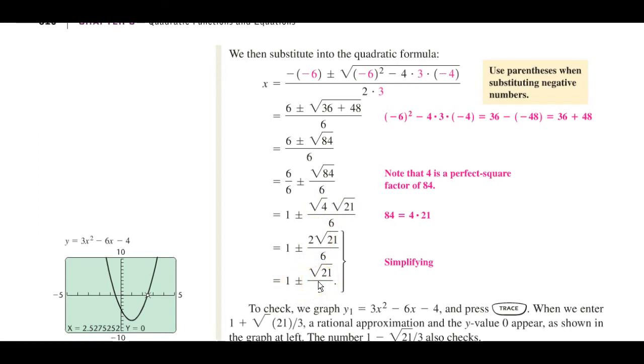Now, I'm not going to work all these out for you. Again, the key is put it in standard form, identify your A, B, and C, and then put it into the quadratic formula carefully through substitution, and then simplify.